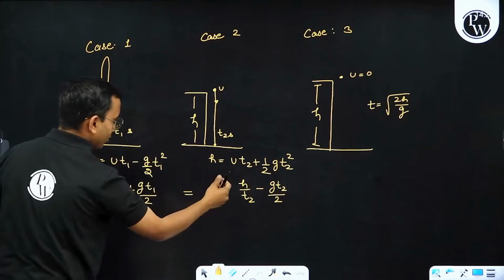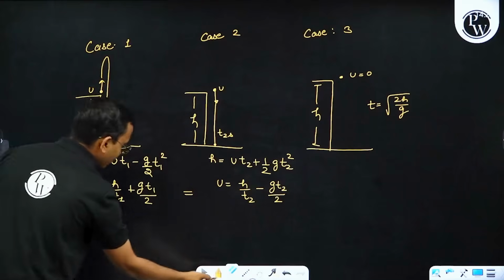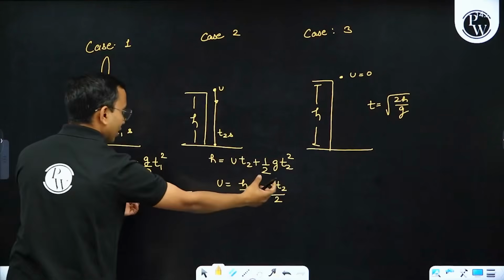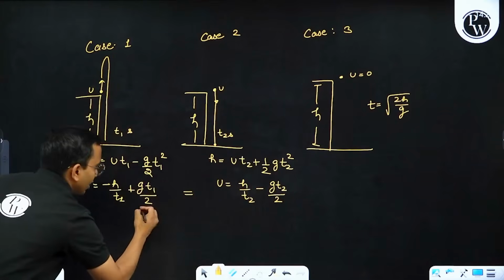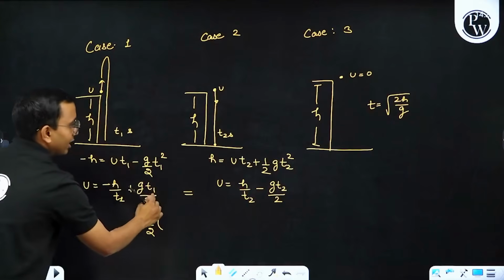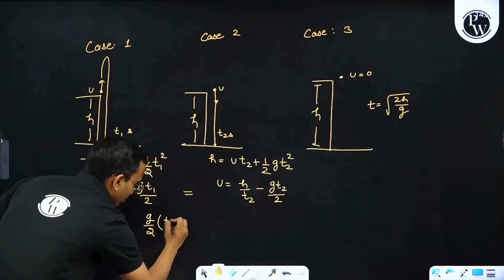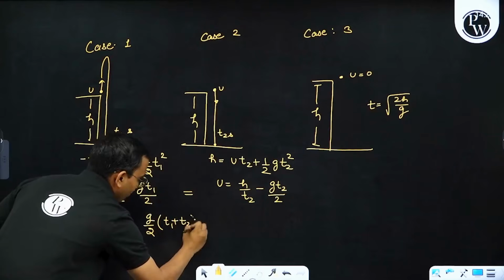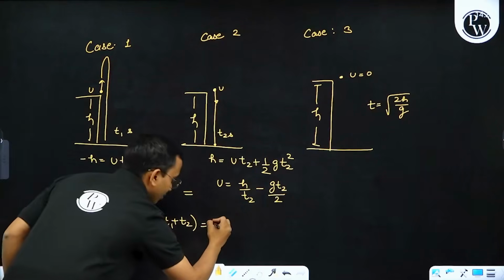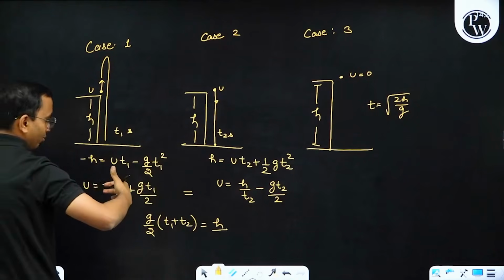When I am equating, I'll take the g terms on the one side and h term on the other side. So g terms here it will become g by 2 into t1 plus t2 is equal to h term. On the other side, I'll take h common, so it will become 1 by t2 plus 1 by t1.